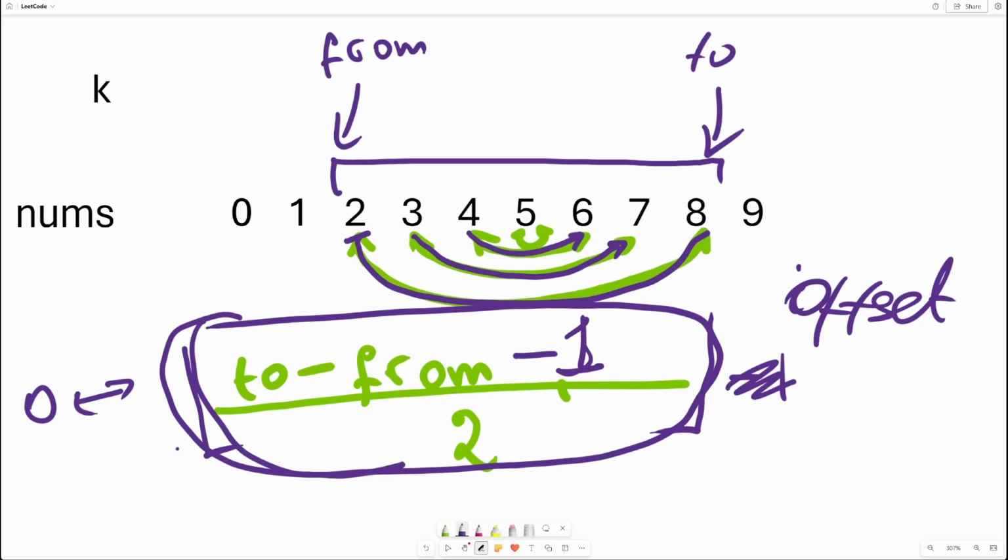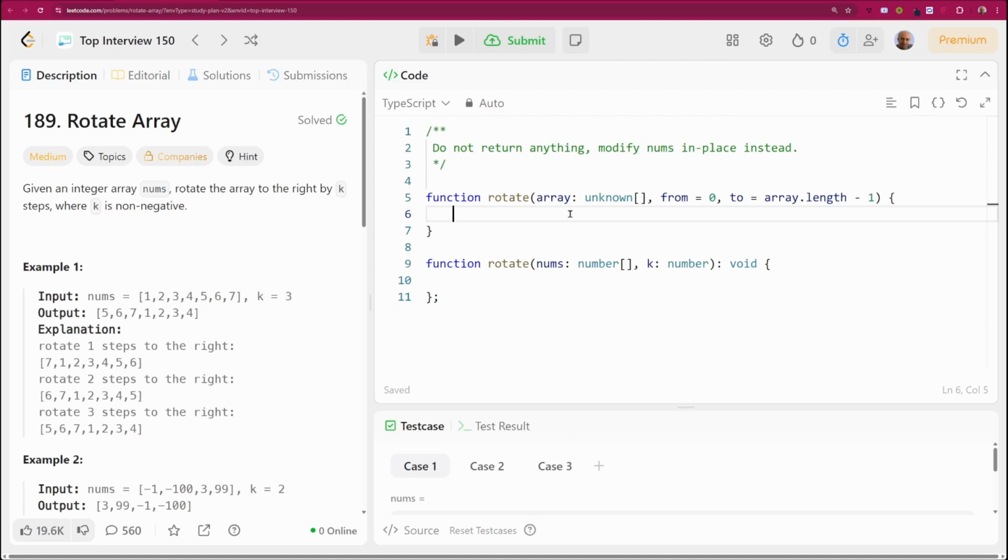Okay, so we should be able to write this, I think. So what this is doing here is basically divide this by 2 and take the floor. That's what this binary shift will do.